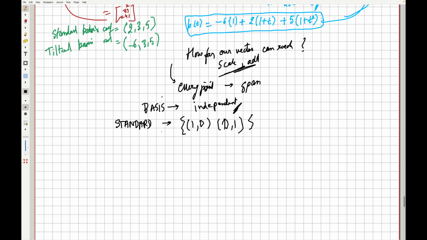But it doesn't have to be ones and zeros. We can have different basis vectors. For example, we can have 1 1, or we could have 1 minus 1, or any other basis vectors to cover the same space that these cover. So the idea is that they need to be independent.